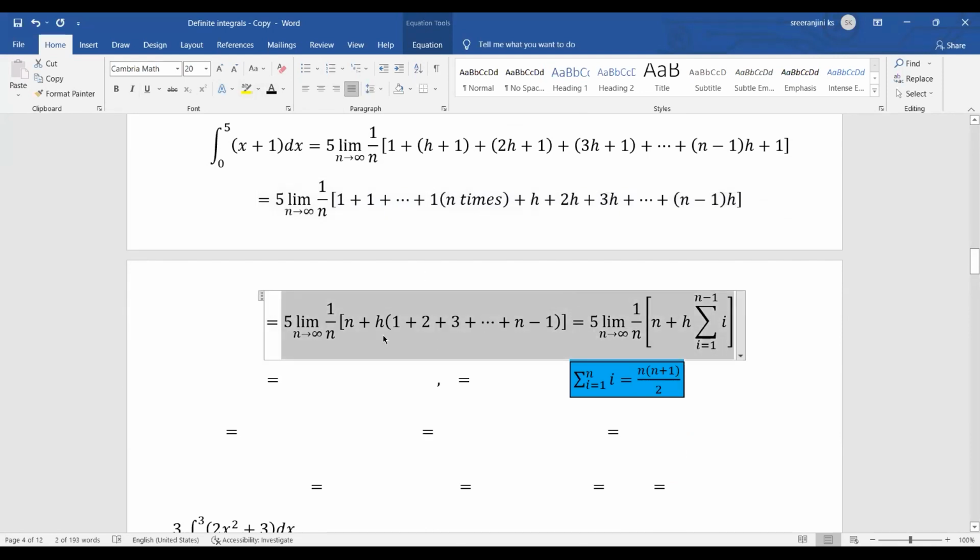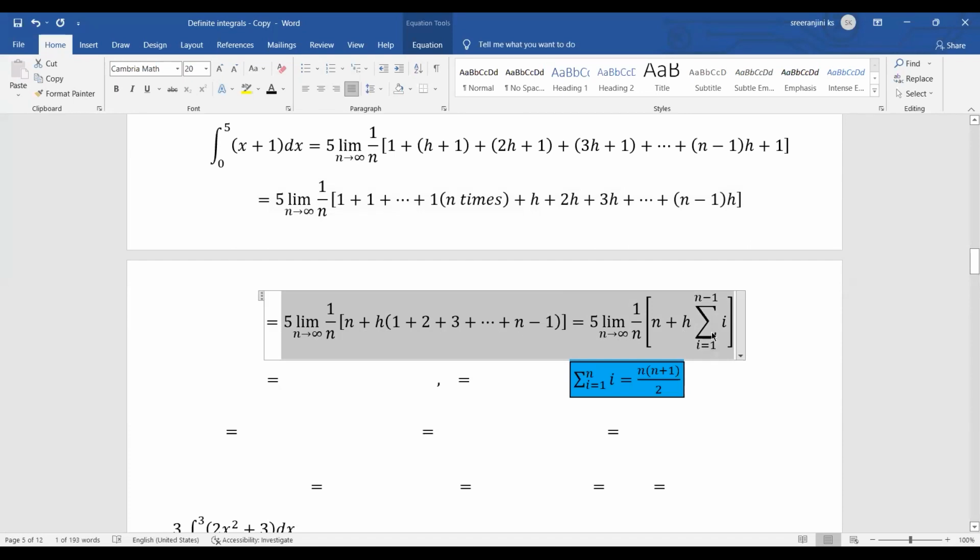That's equal to 5 into limit n tends to infinity, 1 by n, n plus h into 1 plus 2 plus 3 plus etc. plus n minus 1, which is the sum of first natural numbers from 1 to n minus 1.